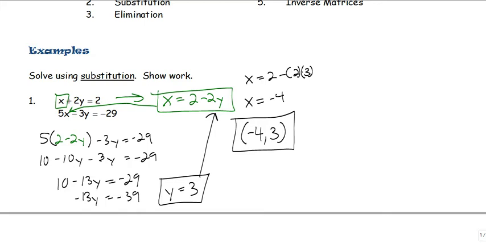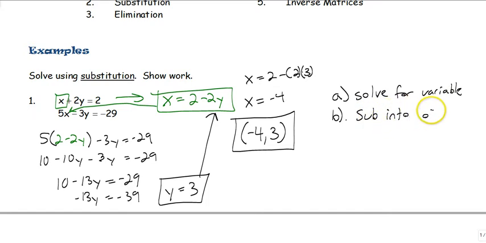So real quick, steps for substitution again. You want to solve for the variable. You want to substitute into the other equation. C, you want to solve for the variable you can solve for. In this case, we solved for y first.